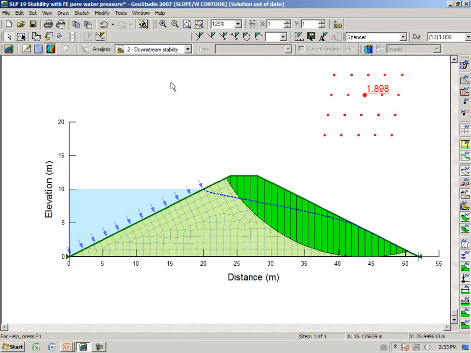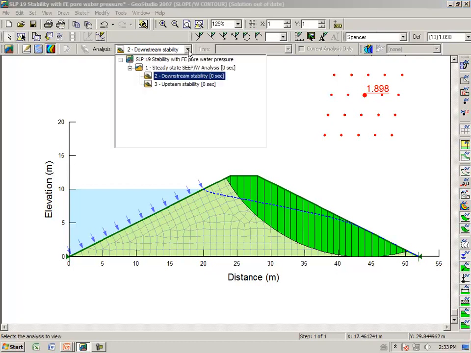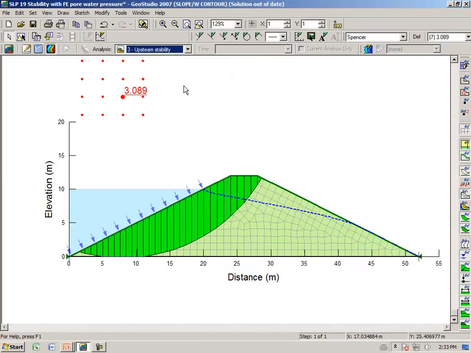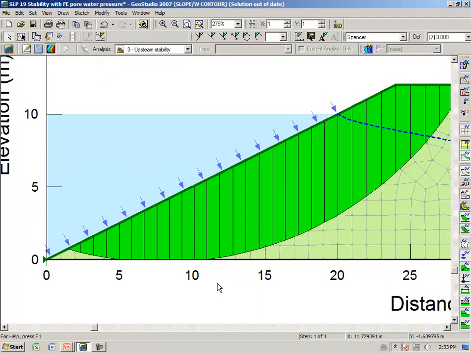We can do the same for the upstream case. And what is important here now is that two things have happened. We have determined the pore pressure at the base of each slice from the finite element analysis, but we have also determined the water weight here.